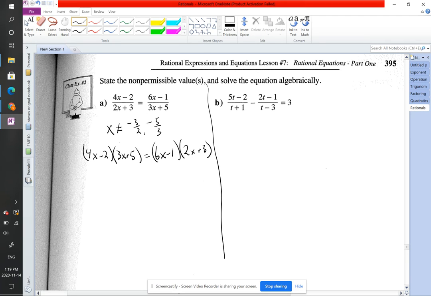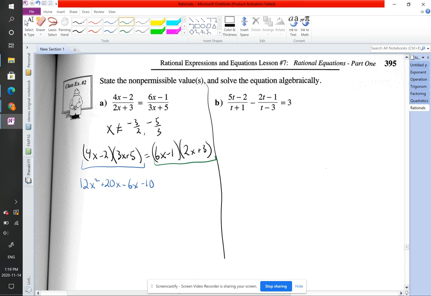So now what I want to do is expand everything. So I'm going to FOIL everything. So this one here, if I FOIL it, I'm going to get 12x squared plus 20x minus 6x minus 10.